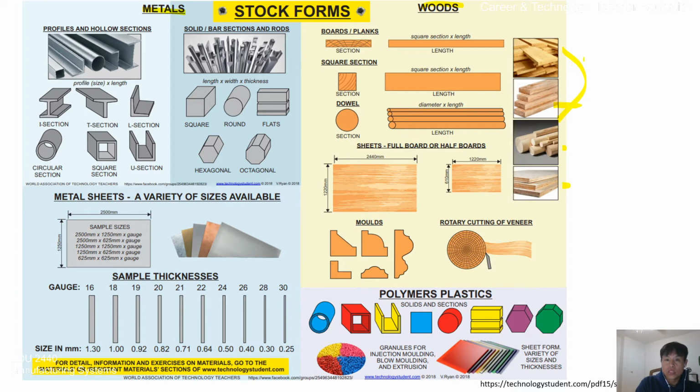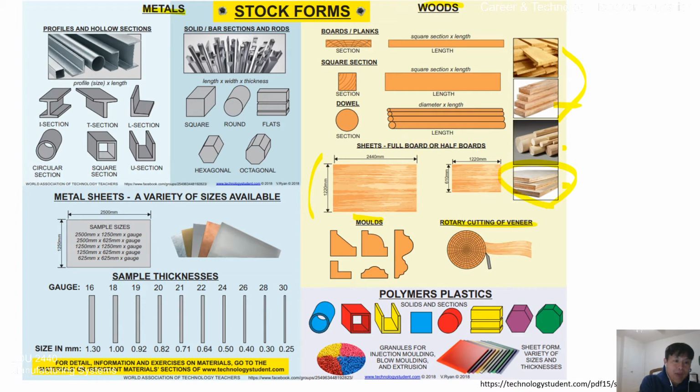Those are standard stock. For example, lumber is produced in 2x4, 2x2, 2x3, and panels are produced in sizes like 2x4 feet or 36 by 72. And then we also saw molding and other materials.